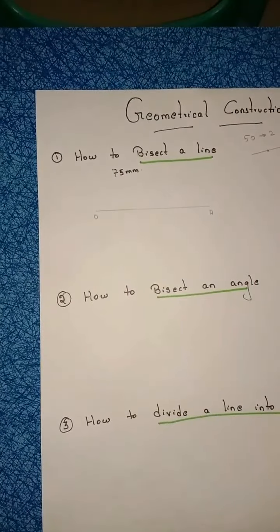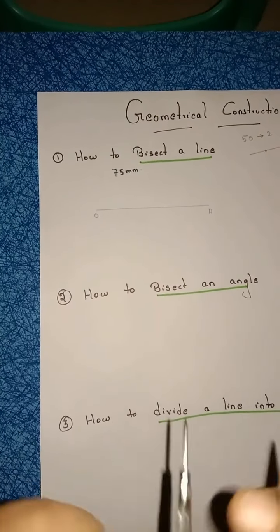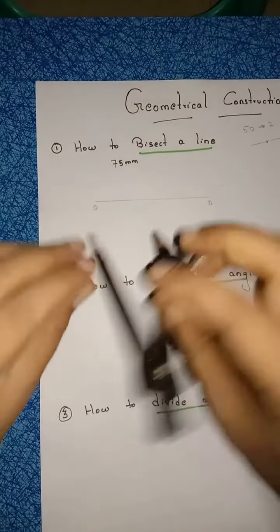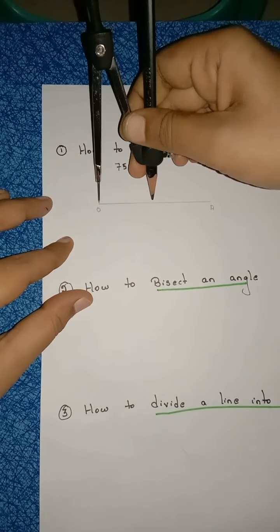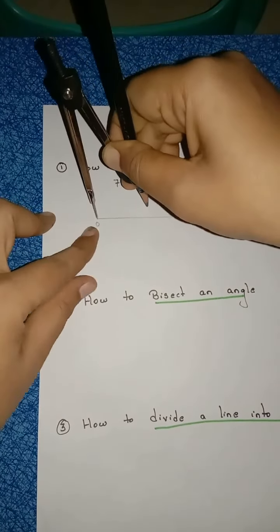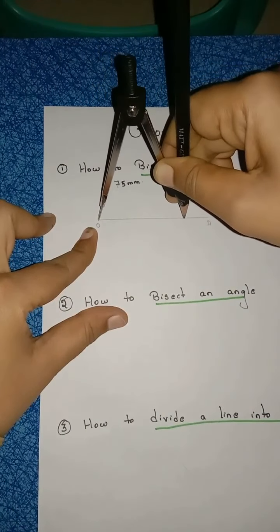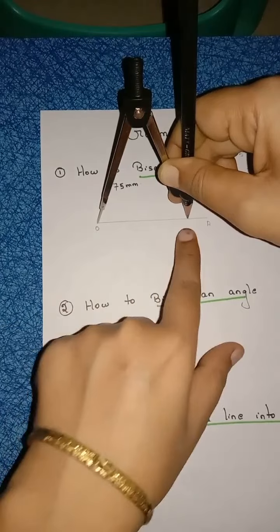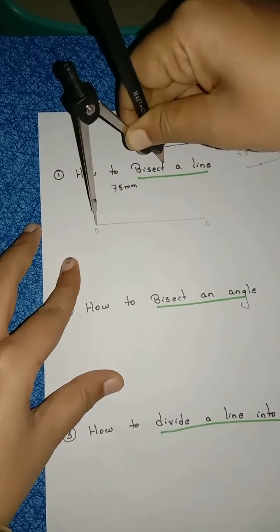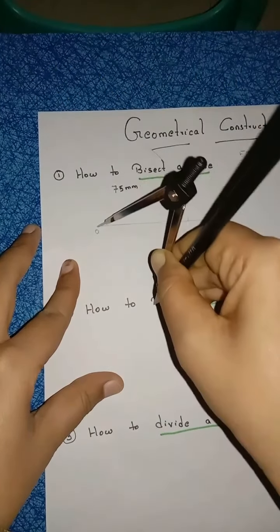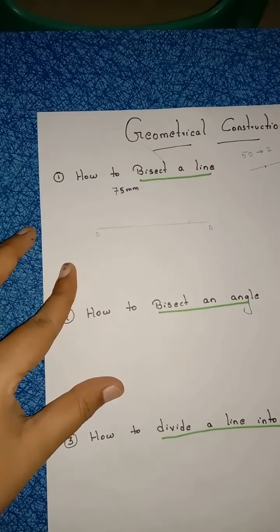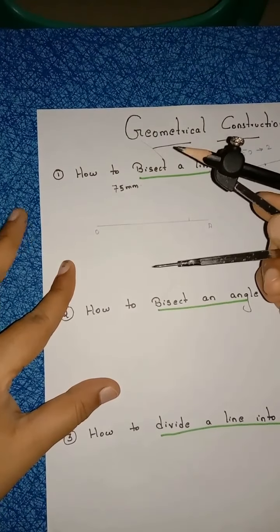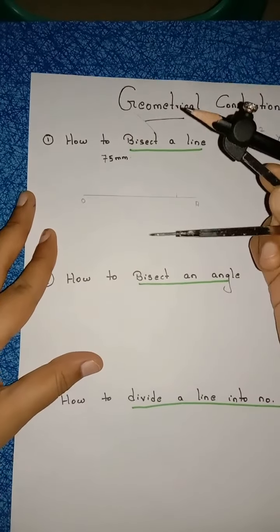Now how to bisect this one? Take the compass, keep your compass at point O, take more than half, till here it is half, take more than half, draw an arc above and draw an arc below. Don't change the radius of your compass.